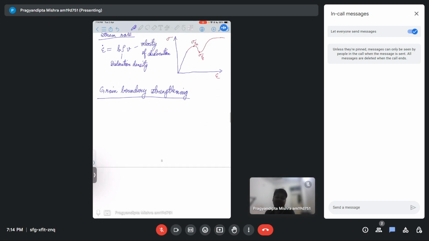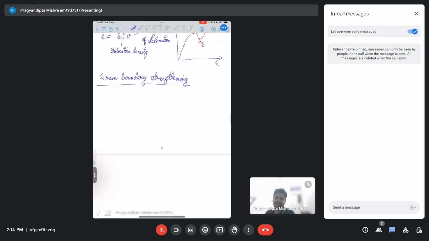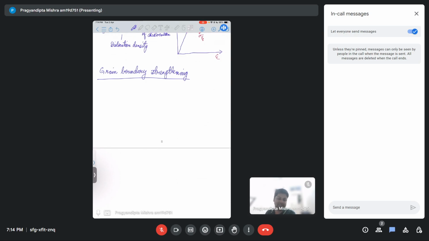So again, the strengthening effect that we observe due to hindrance in dislocation motion caused by the presence of grain boundaries is grain boundary strengthening. I'll not write that down. Just like solid solution strengthening or precipitate strengthening, the strengthening effect caused by the presence of grain boundaries which hinder the dislocation motion is grain boundary strengthening.